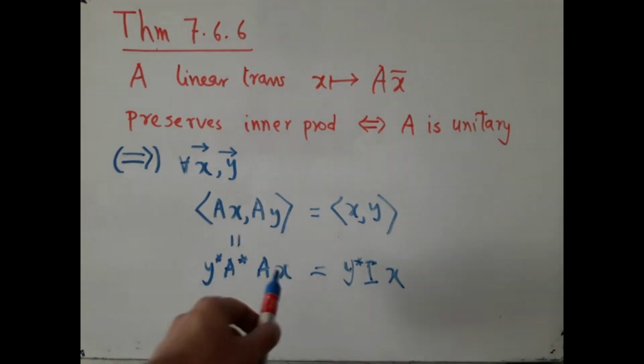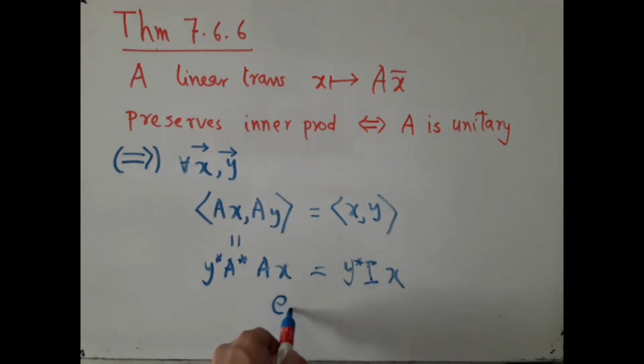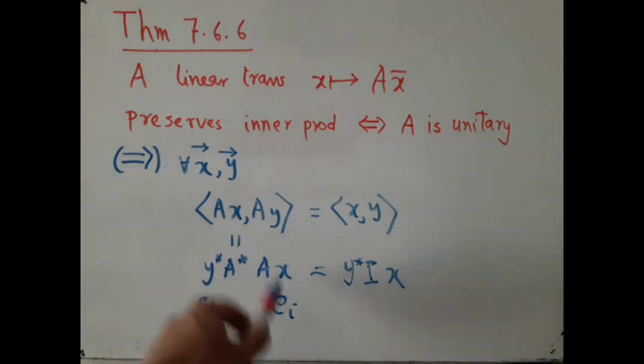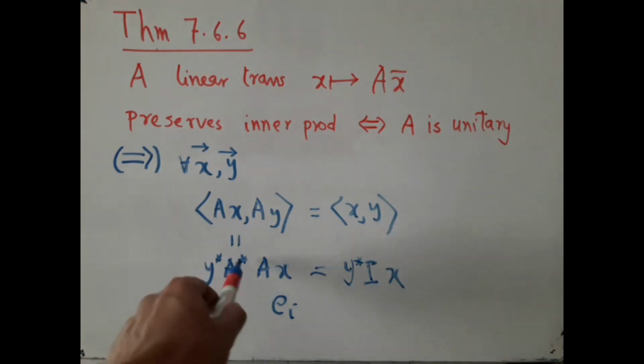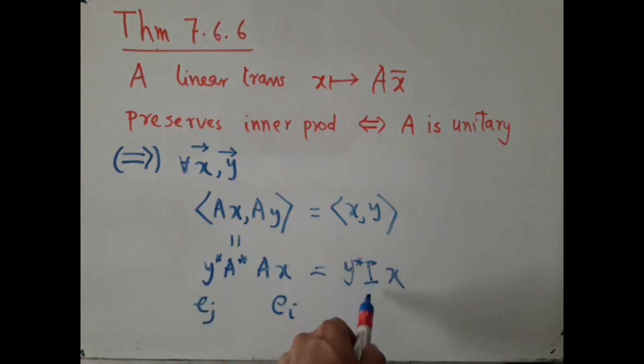So in place of x you can put things like e_i, the canonical basis. In place of y, you can put e_j. In that case, you will basically be getting the ijth or the jith entry. You will get the jith entry of A star A, and similarly, you will get the jith entry of the identity matrix.